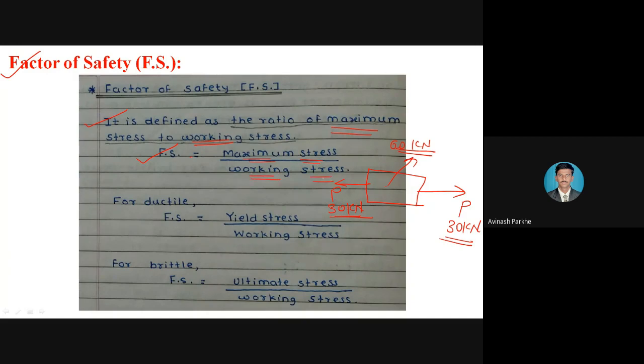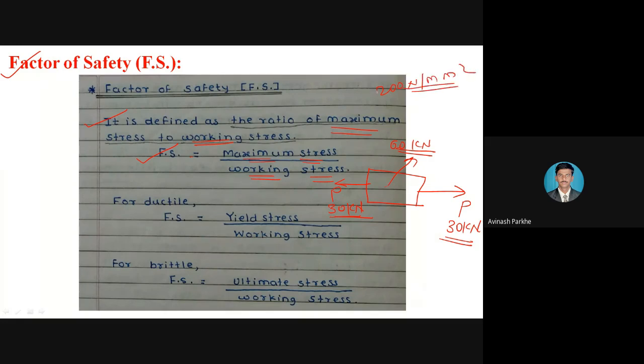Maximum stress represents the maximum stress limit of that particular material, and working stress represents the stress developed due to the external load. For example, if this 60 kilonewton load is applied on the body, let us assume that 200 Newton per mm square stress will be developed.